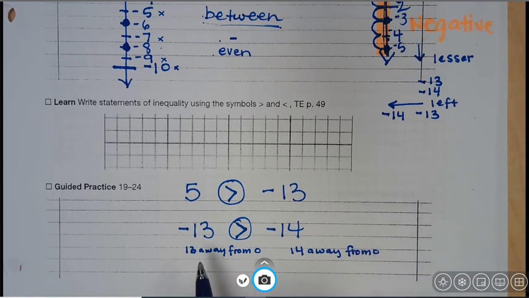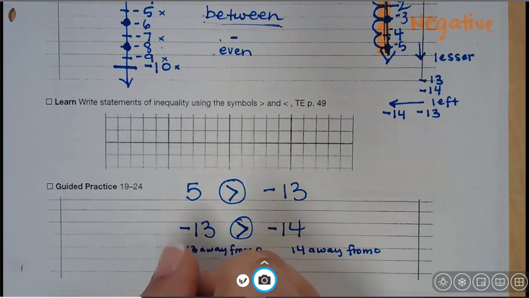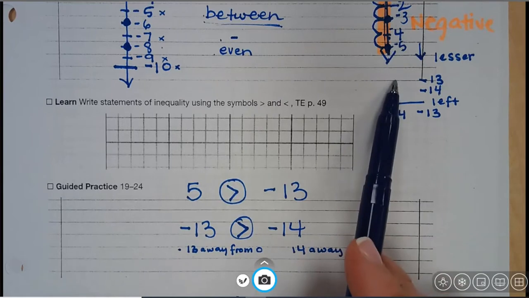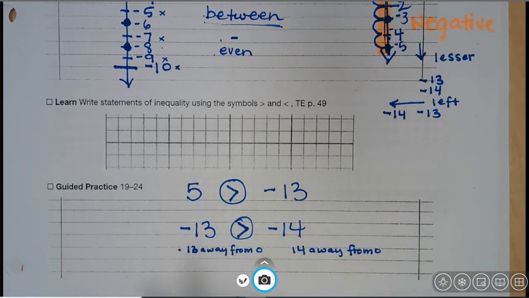Another way you can think of it is, negative 13 is 13 away from 0. It's 13 jumps to get to 0. Whereas 14 is 14 jumps to get to 0. So negative 14 is further away or farther negative from 0.